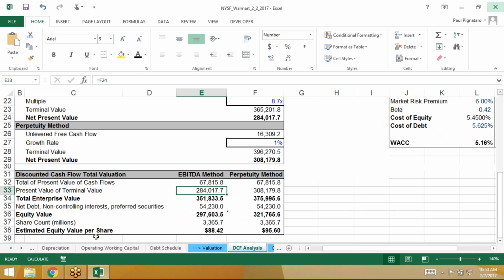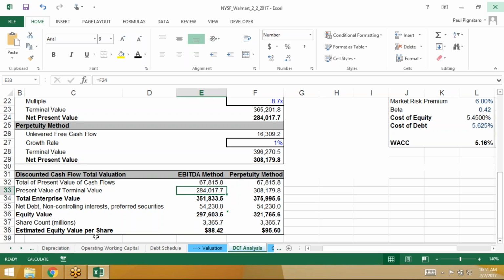And the equity value was calculated by the stock price and the shares outstanding. The formula for enterprise value that we got for the EBITDA method. Looking at that formula, that's what I meant by debt and equity value.